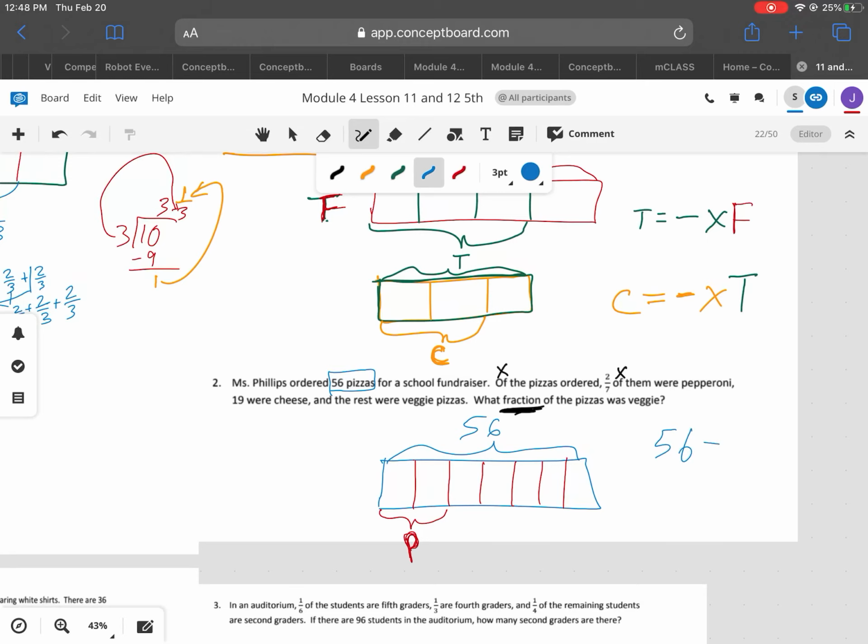Once we have our pepperoni, we can find out from 56 minus pepperoni minus our cheese, and that will give us our veggie. Alright, so again, I'm not going to solve it for you, but I pretty much did it already for you. You just have to figure out what you need to do to find the pepperoni.